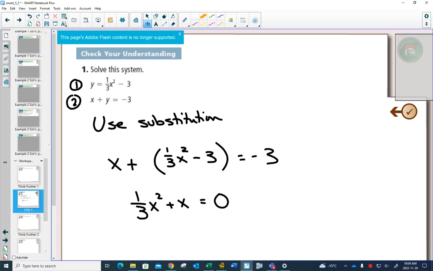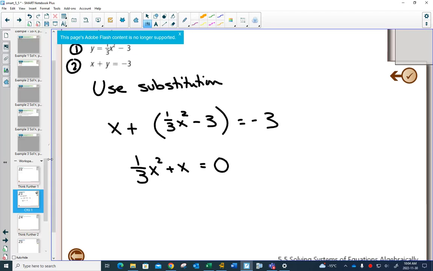Now, how do we solve a quadratic equation? We either factor or use the quadratic formula. Can you see that this one is easy to factor? There is a common factor in both of them. So we could take out that x, leaving us with 1/3 x plus 1 equals 0. After factoring, it's pretty obvious that x could be 0 from this one.